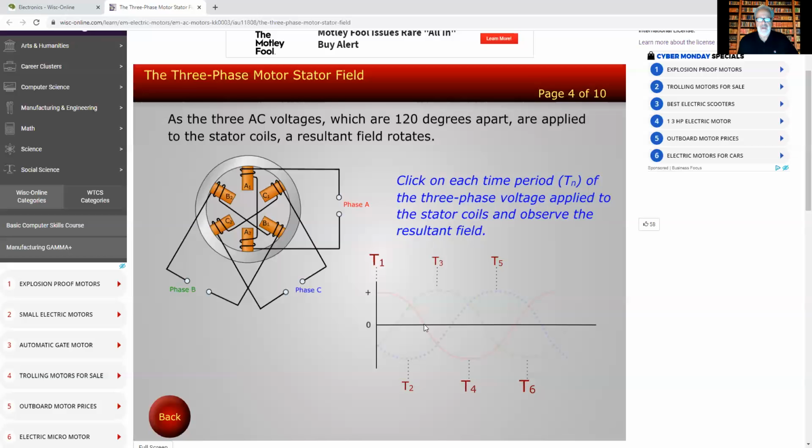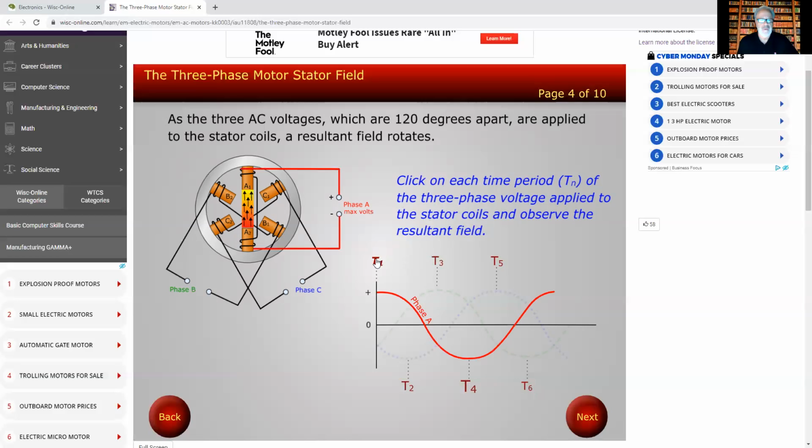If you looked at them, you would see 120 degrees of separation. So we'll click on each time period of the three-phase voltage and apply it to the stator cores and observe the resultant field. Watch what happens here.